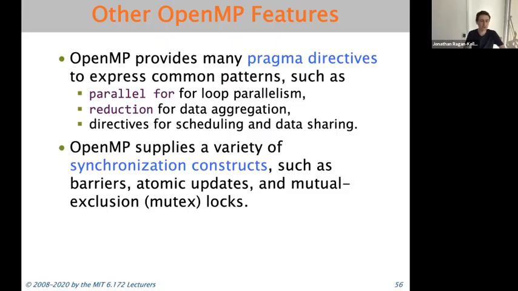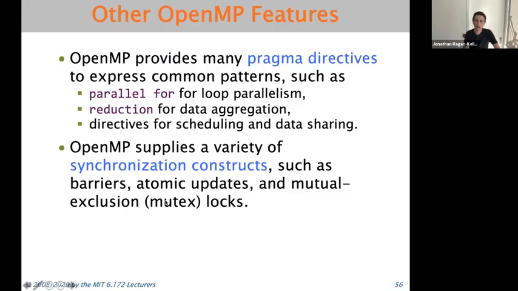It also supports annotations for reduction and for controlling scheduling of the parallelism and data sharing between different threads and so on for different tasks. And then it provides its own set of synchronization constructs, such as atomic updates and locks, and also slightly higher level constructs that are useful for things like parallel tasks and for loops, like barriers.